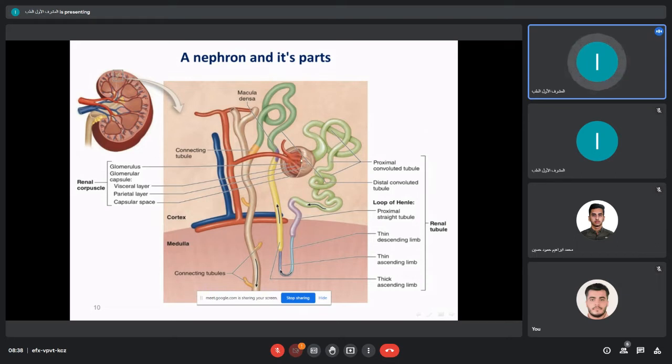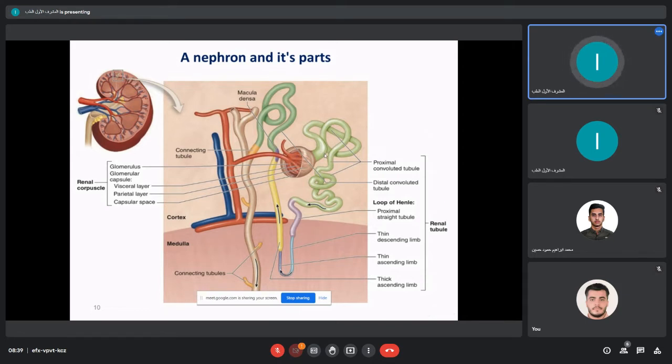The next part after the renal corpuscle, where the blood filtration occurs, is the proximal convoluted tubule. It is highly tortuous, therefore it is called convoluted, and is proximal to the renal corpuscle, therefore it's called the proximal convoluted tubule.